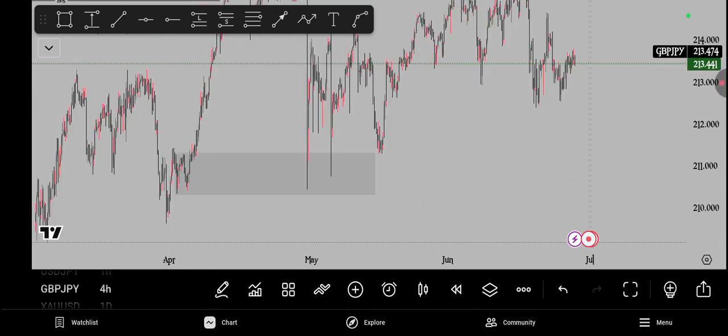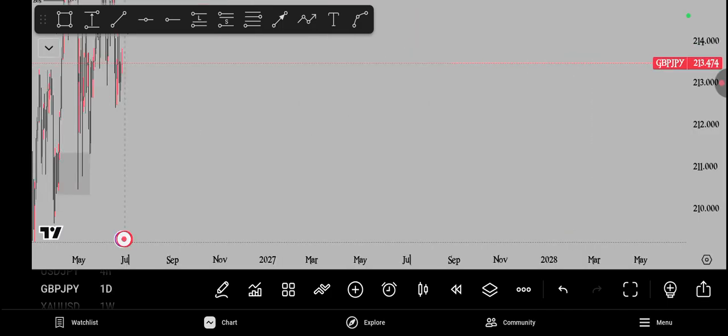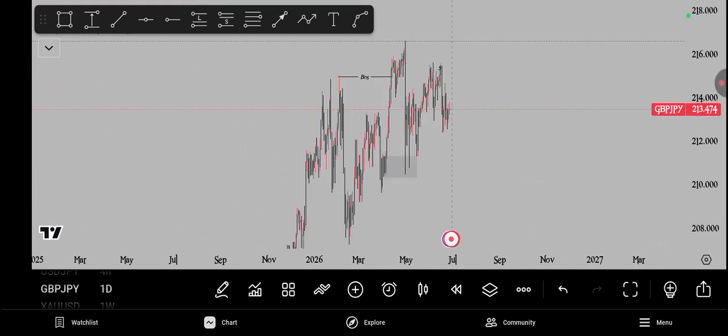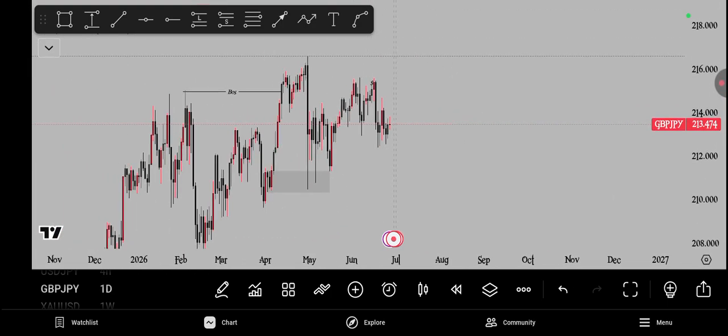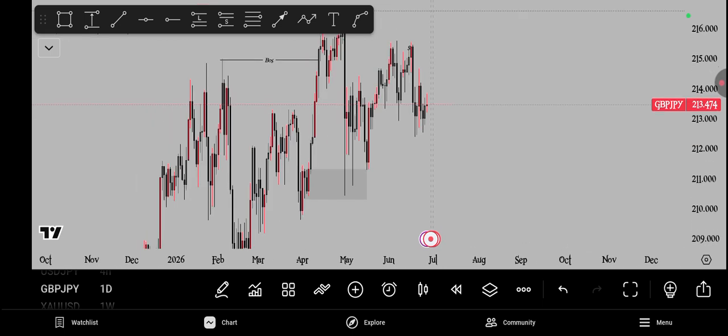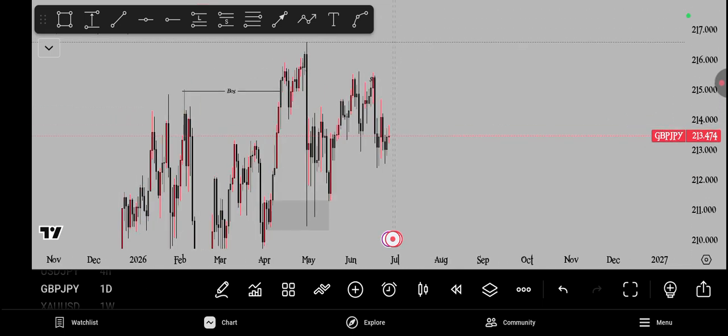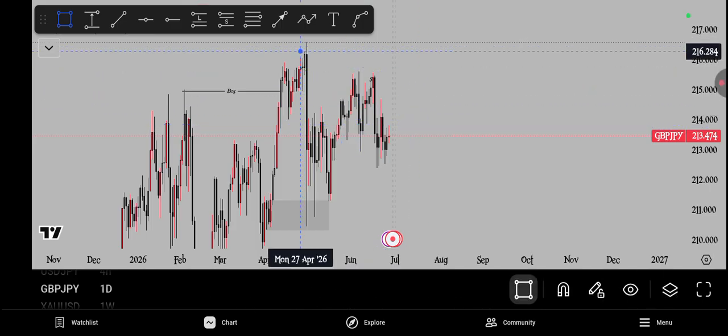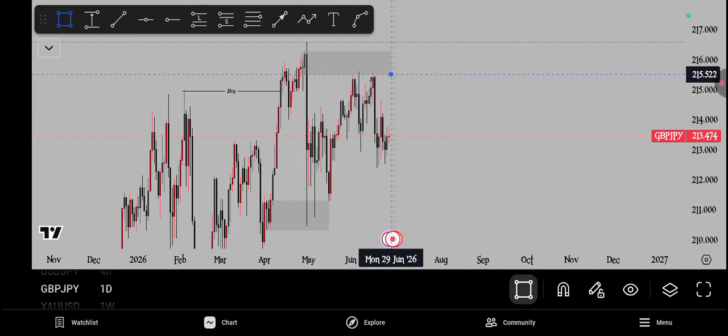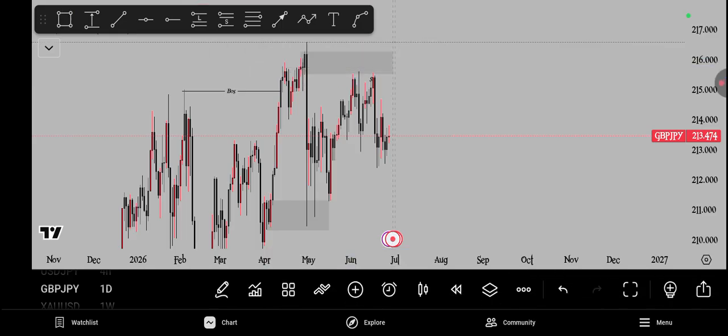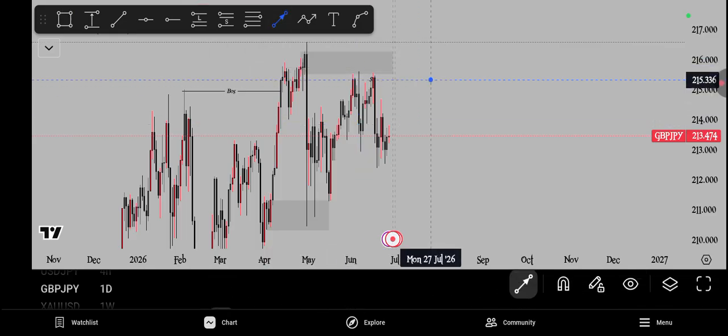Then let's see GBP JPY. After reacting from this daily supply, the last price action for last week, price printed out was what?